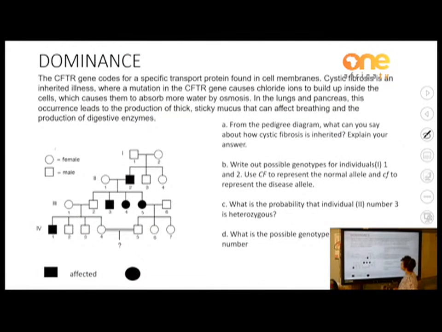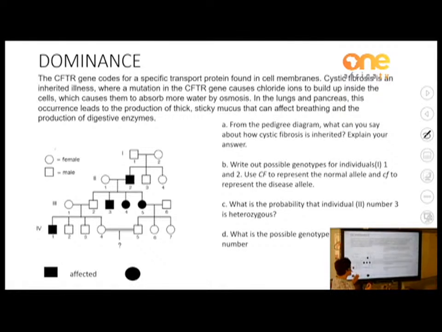Now, the CFTR gene codes for a specific transport protein found in cell membranes. Cystic fibrosis is an inherited illness where a mutation in the CFTR gene causes chloride ions to build up inside cells. When chloride builds up, it changes the osmotic potential.